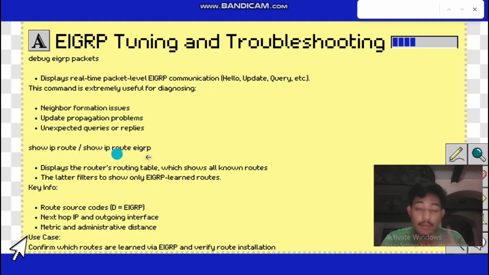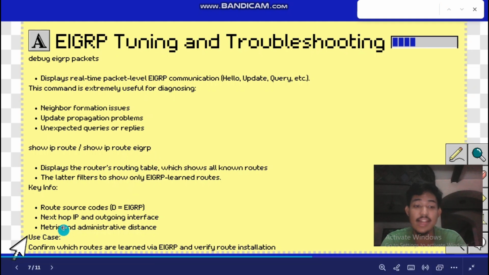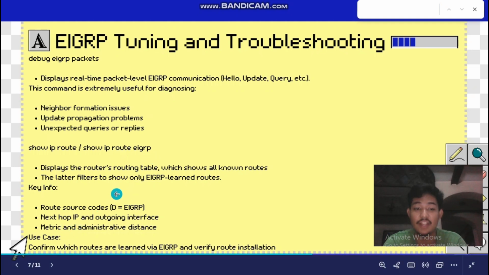Also to be seen in the show ip route eigrp command is the next hop IP, or the IP of the next router, and the outgoing interface, or the port where the serial cable or the DCE is connected, the cable that connects the router you are typing the command on with your next router of choice, and also the metric and administrative distance between these two devices.